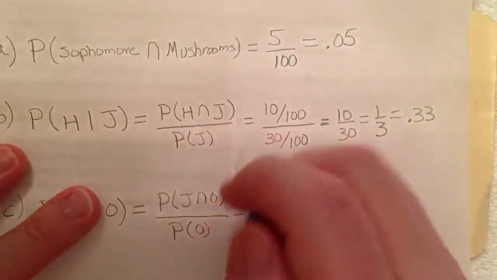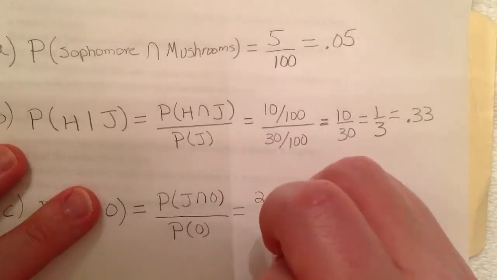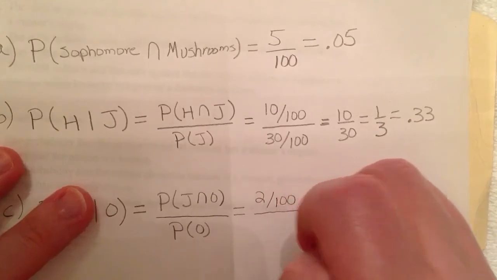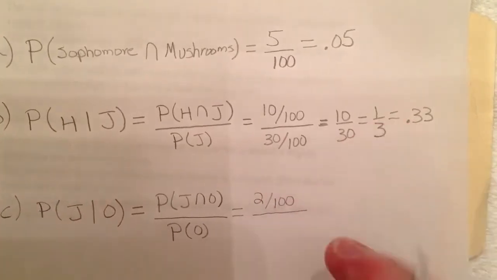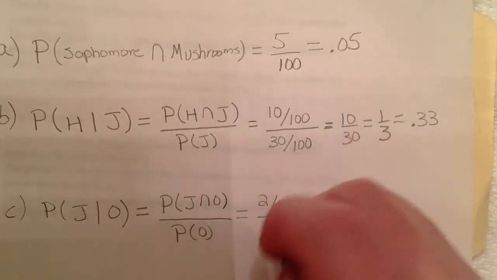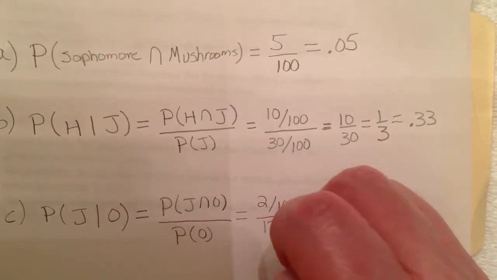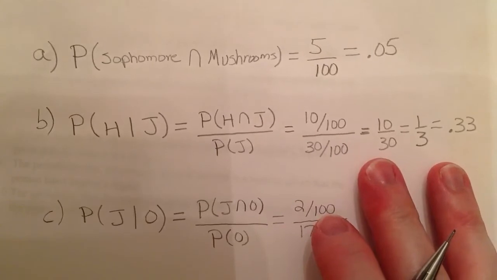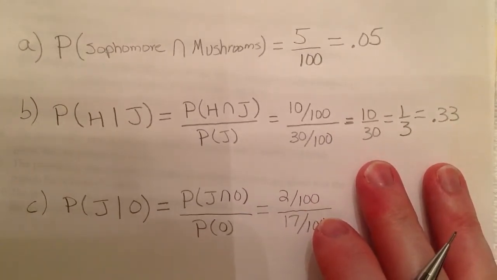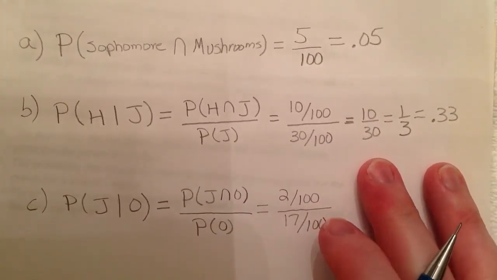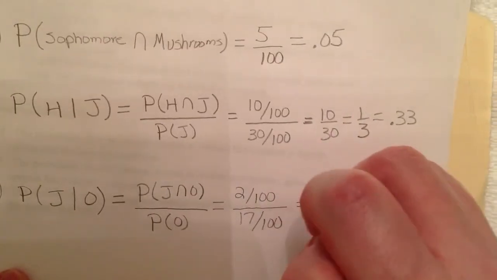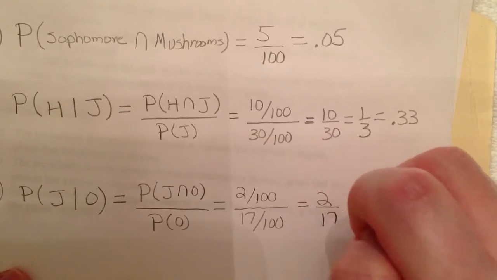For juniors whose favorite topping is onion, there are only 2 in the whole 100 student body group selected. So the probability that the student selected will be a junior, given that the student is an onion pizza eater, reduces to 2 out of 17.